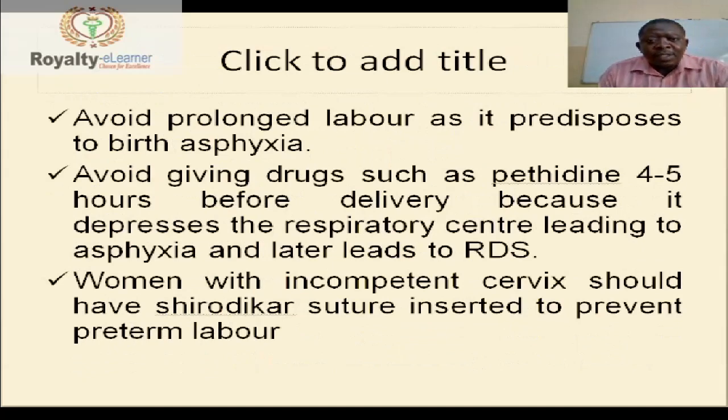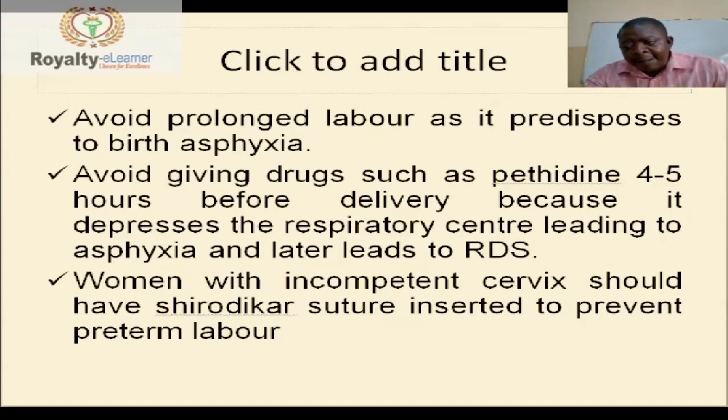So it's important to avoid prolonged labor as it predisposes to birth asphyxia, and also avoid giving drugs such as pethidine 4 to 5 hours before delivery because it depresses the respiratory center, leading to asphyxia and later leads to RDS. The respiratory center of the baby.